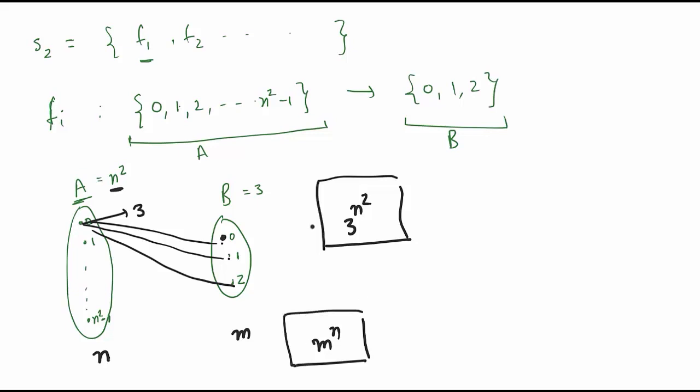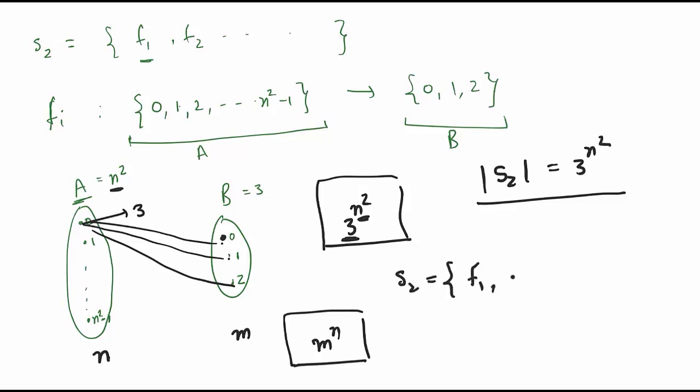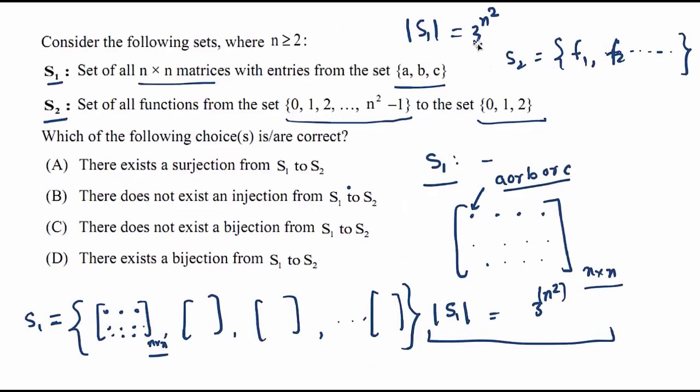So here we have 3 power n square functions, because 3 is the cardinality of B and n square is the cardinality of A. That is why the cardinality of S2 is 3 power n square, since that many functions are possible from A to B. And we have already seen that the cardinality of S1 is 3 power n square.